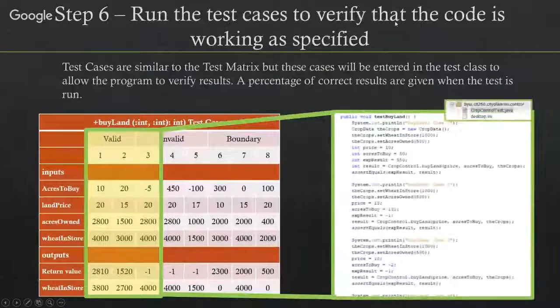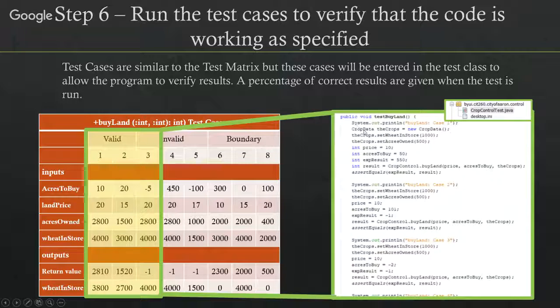Next is run the test cases to verify the code is working. We have our test matrix, which we did on paper to verify our algorithm was working. Once we put the algorithm into code, we now use test cases and program them in to actually test our code. Here, for an example, we're printing buy land case 1 to the console, which means that way we know that it's executing this code.